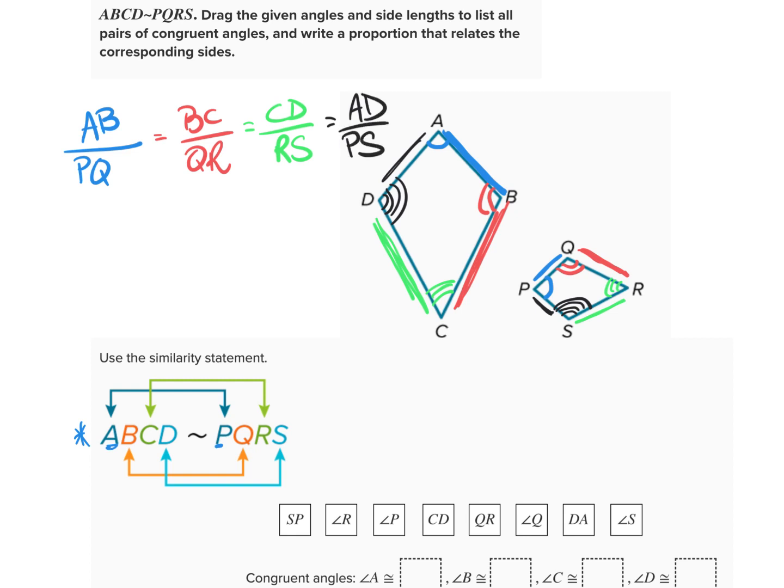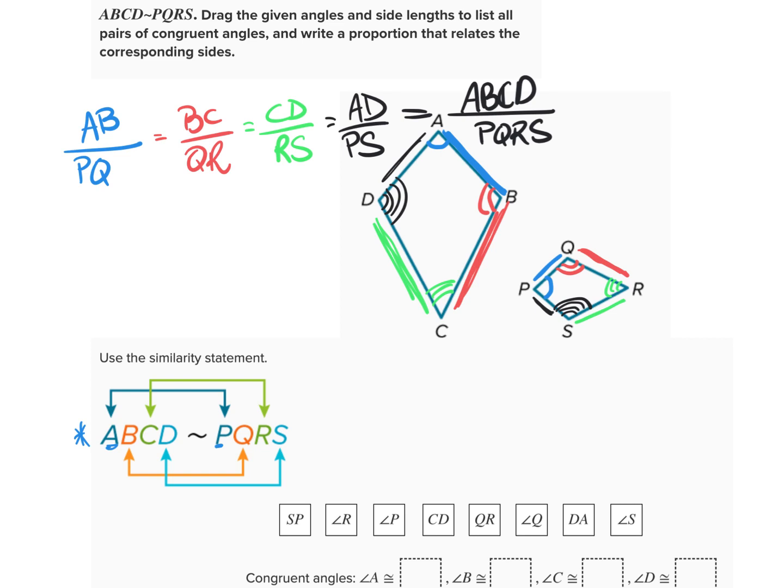Okay. One thing I also want you to recognize is that the side lengths from the same figure match up horizontally, okay? So all the sides from our large kite are on top, and then all the sides from my smaller kite are on the bottom, okay? This is important. You can't intermix them. You have to match them up horizontally.